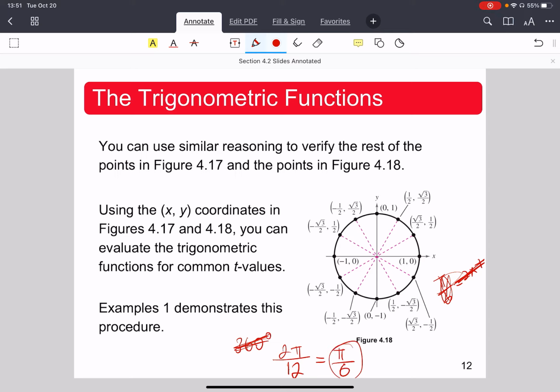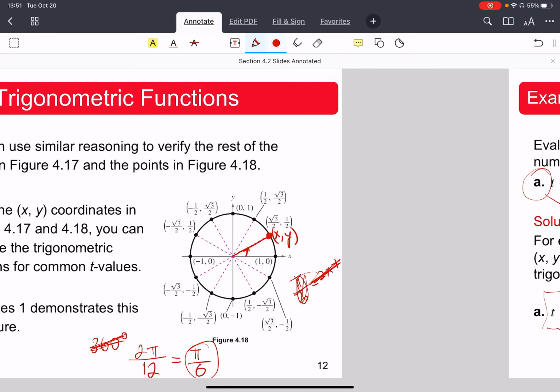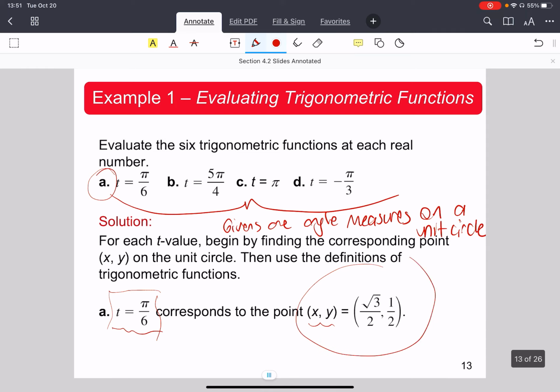So each of these pieces is pi over 6. Because I need 1 pi over 6, I'll just go one direction here. Then the point we're dealing with must be x comma y, which happens to be square root of 3 over 2 comma 1 over 2. That's how I located it, because I know each of these pieces in that unit circle corresponds to pi over 6. All right, so now I know what x and y are.